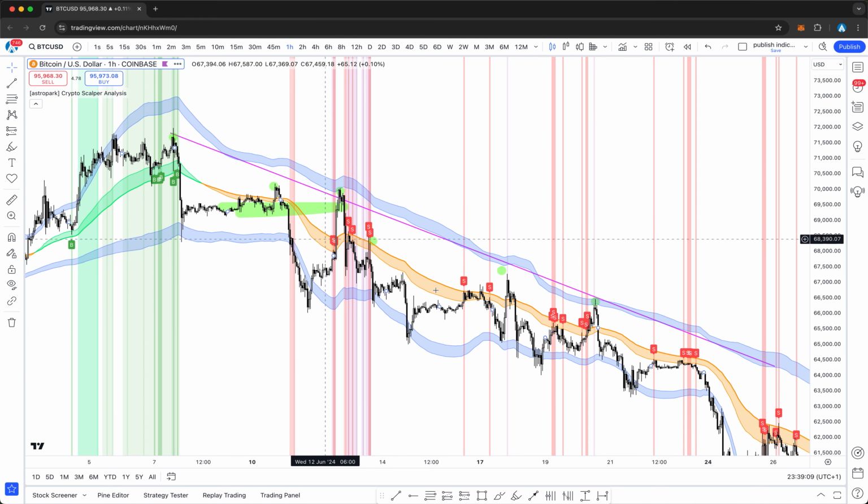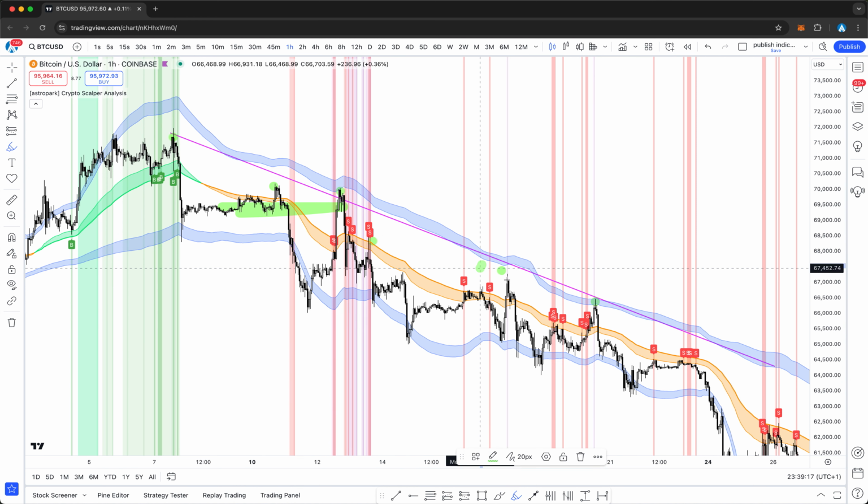You can see that the cloud is thick, okay, it's not thin. So what I do is I use this range to increase my position size, and I close only when I see price going above this and this lower band starting to move higher.